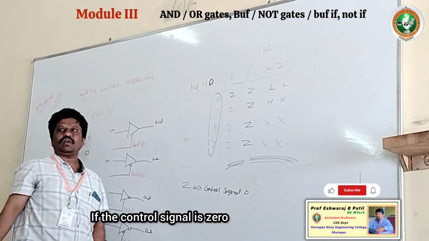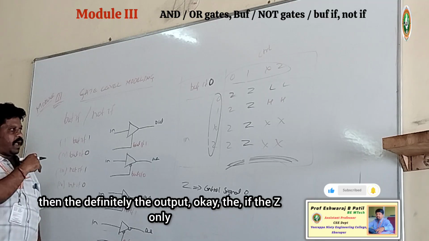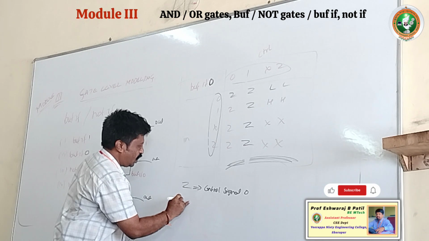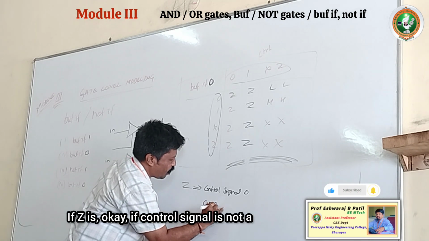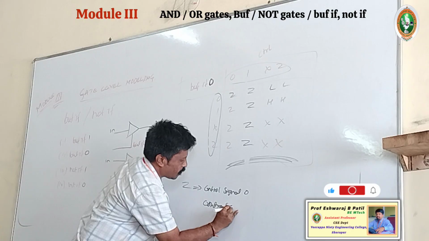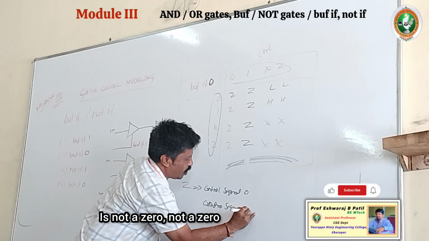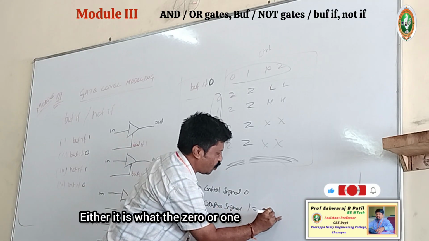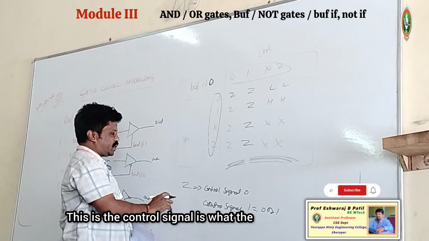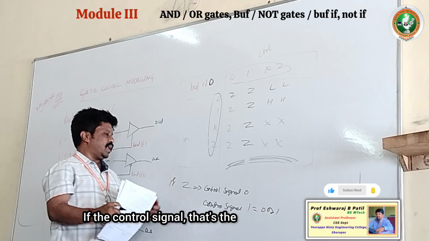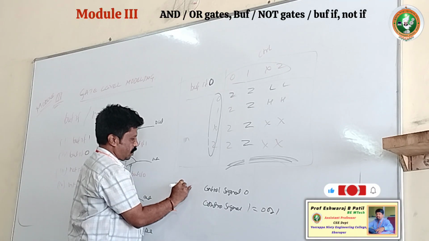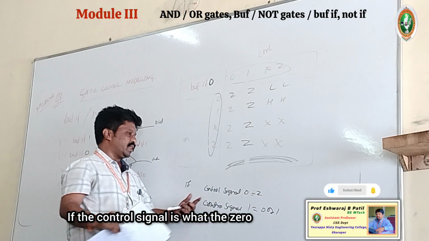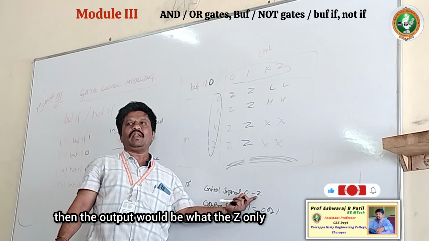If the control signal is 0, then definitely the output would be Z only.